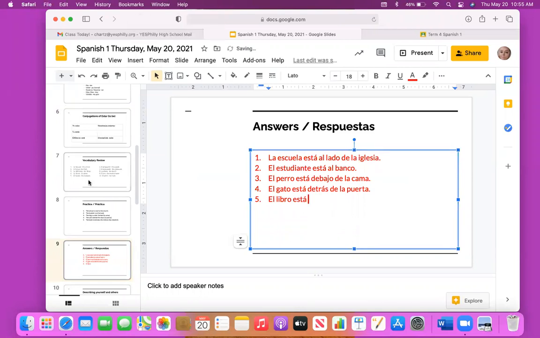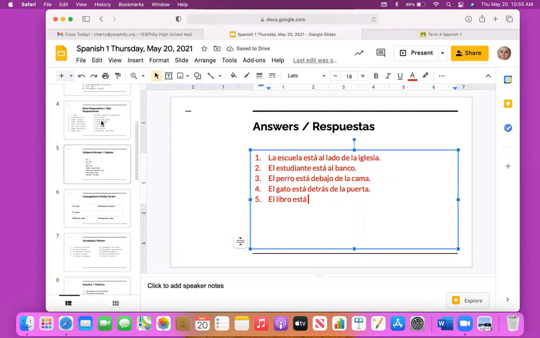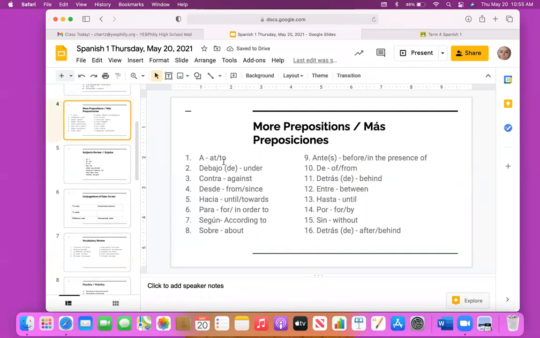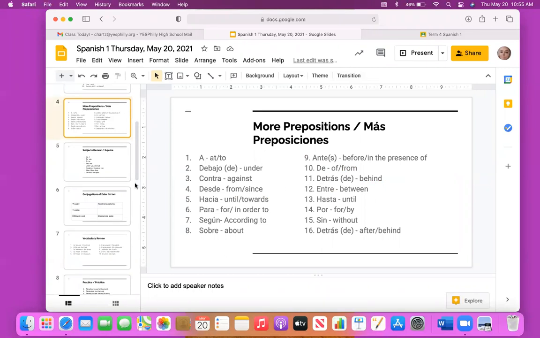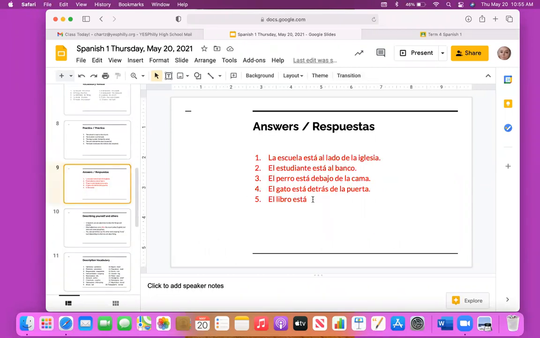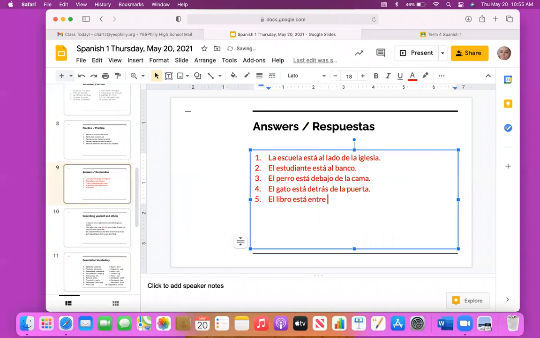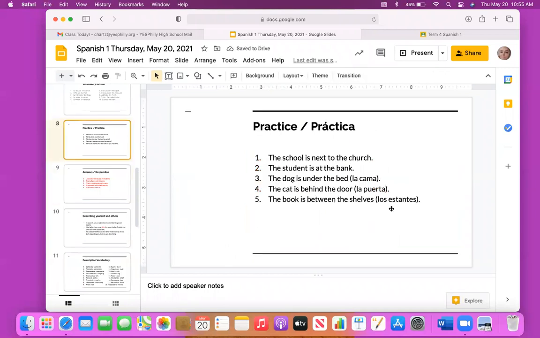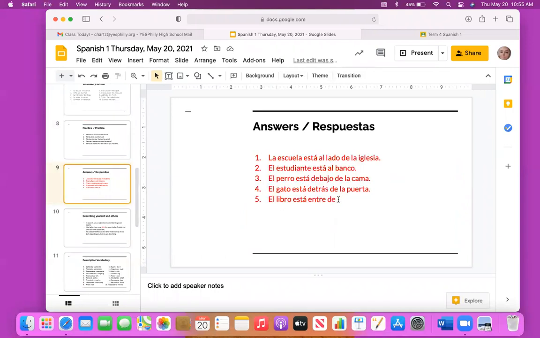And we need the word for between. Let's look. Entre, right here. And you guys don't know the word for shelves, so I just wrote it in here. Los estantes. Entre los estantes.